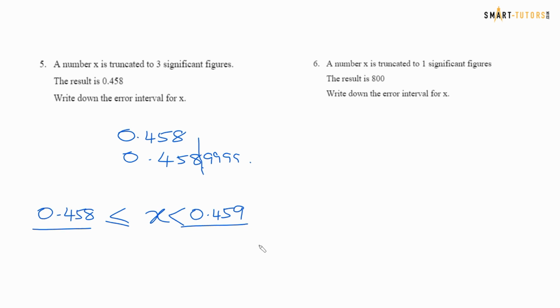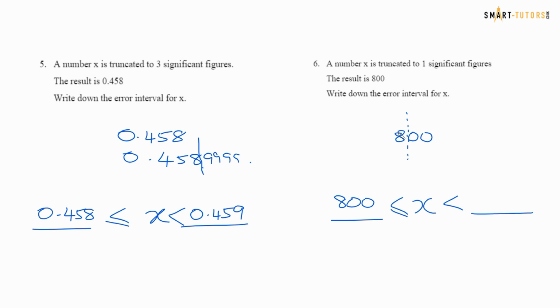Question number 6. A number x is truncated to one significant figure. The result is 800. So in the exam paper, they will give the error interval with blanks here, and you need to find these two numbers. The minimum value can be 800. If you truncate it to one significant figure, the line is going to be there, and it can be very minimal value 00, so 800.